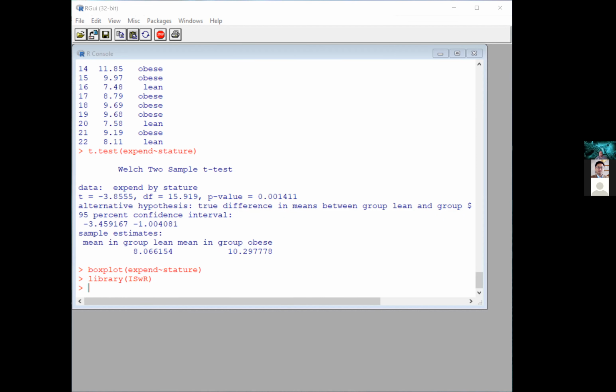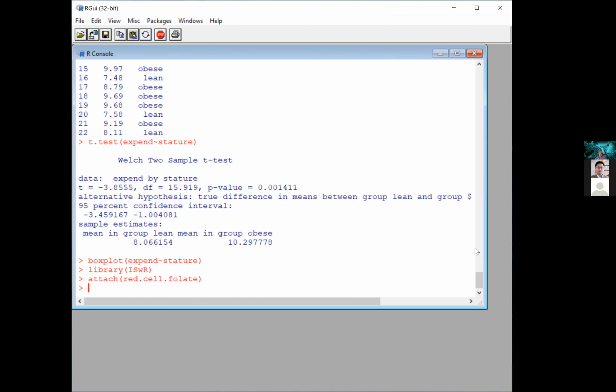If you ever wanted to look at the, I think I showed this before, but there's specific columns you can look at inside the data set. We're going to attach the one called red cell folate. And we're going to read it.